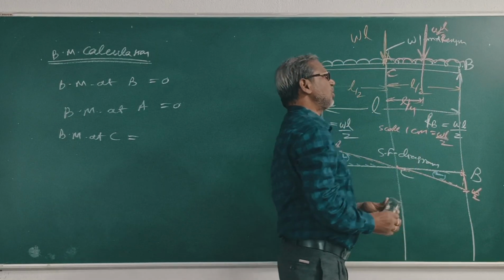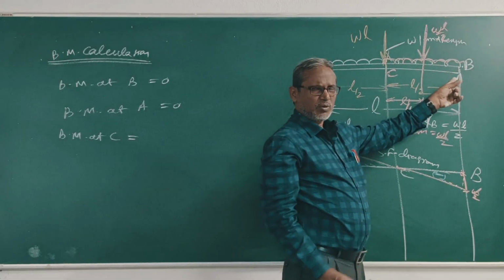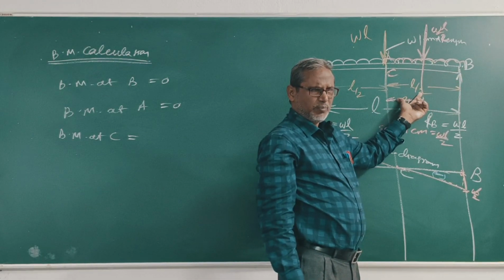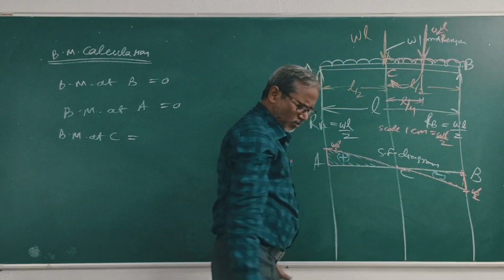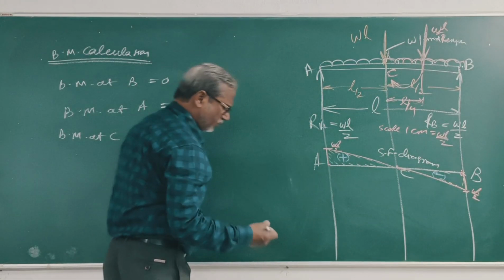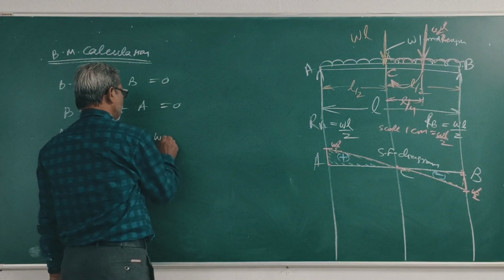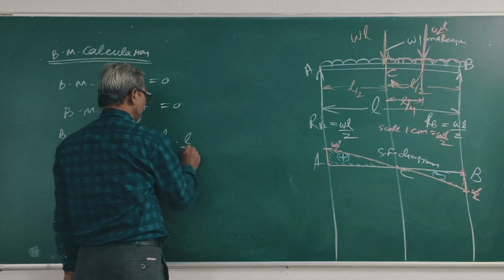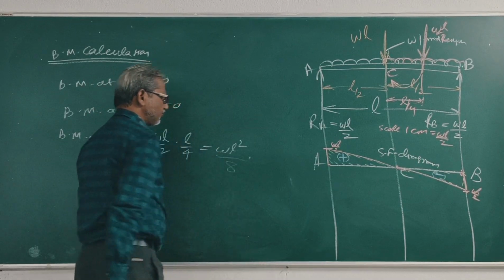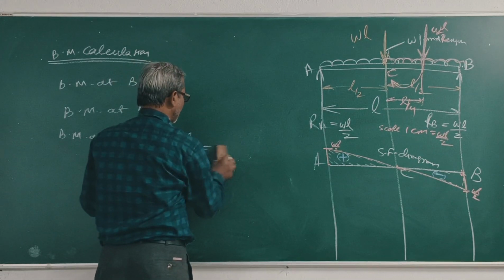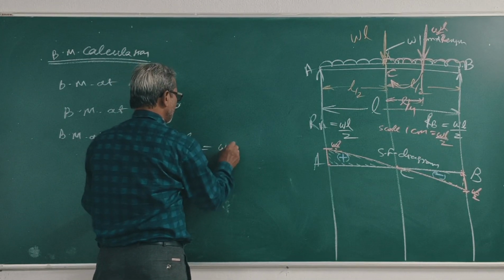Clear? wL by 2, L by 4. So what is the answer? MC is equal to wL by 2 into L by 4, that is wL square by 8.